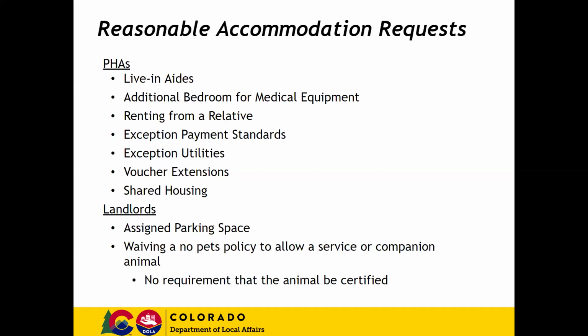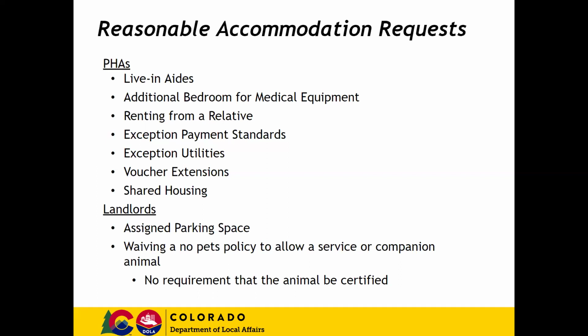But we do see quite frequently requests for live-in aides, for additional bedrooms for medical equipment, to rent from a relative, exceptions to our payment standards, or exceptions to our utility allowance schedule, or the opportunity to utilize their voucher in a shared housing situation.